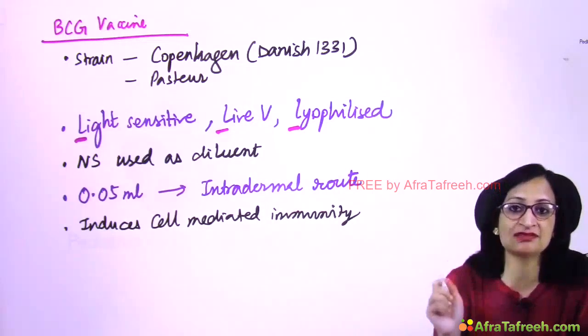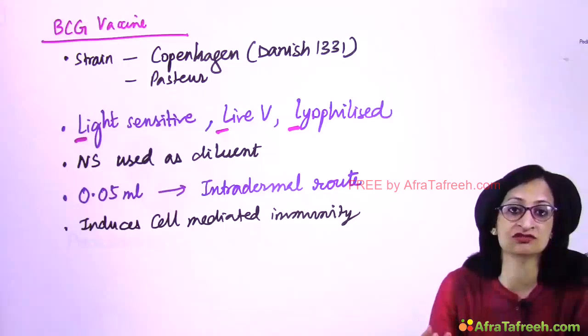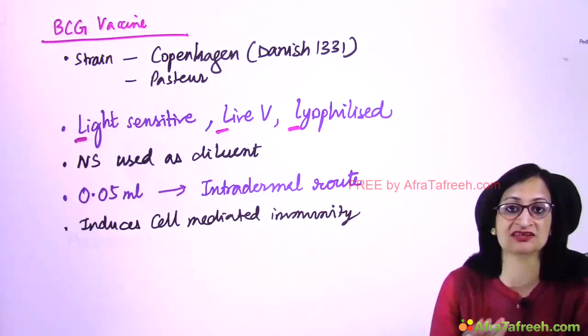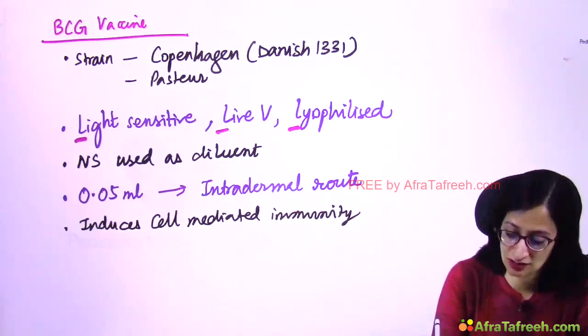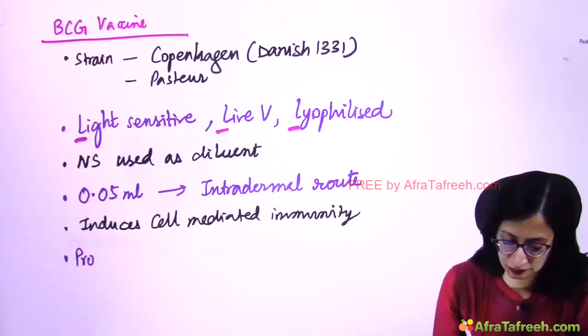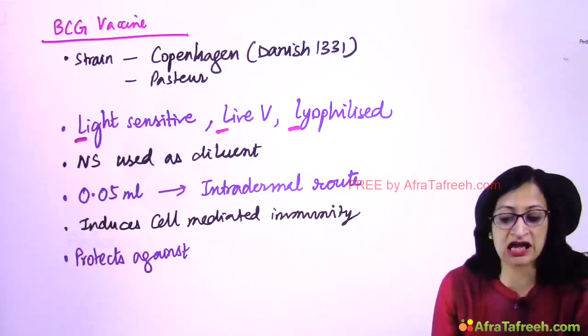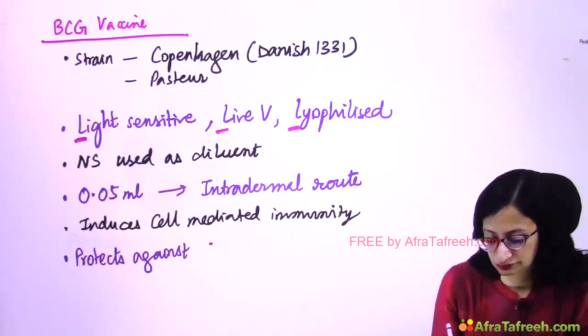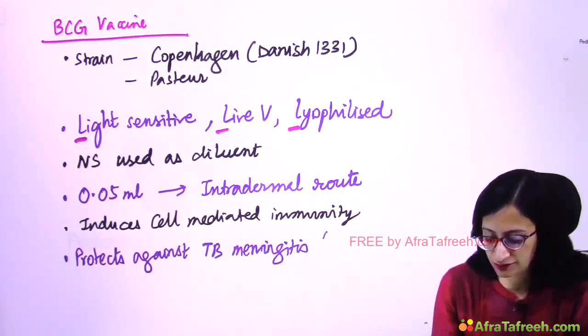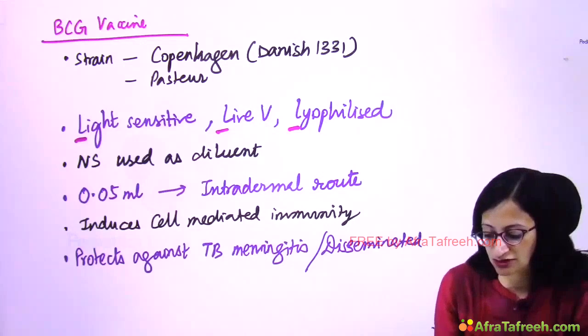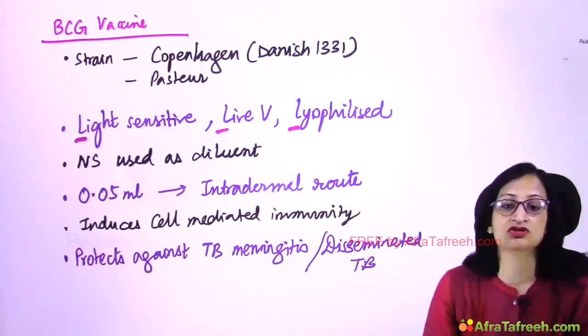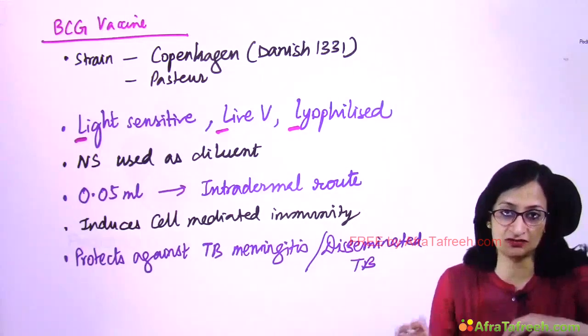No. BCG mainly protects against severe forms of TB like TB meningitis or disseminated TB, but it does not protect against pulmonary TB or TB infection. Okay. So these are some important points to remember about the BCG vaccine.